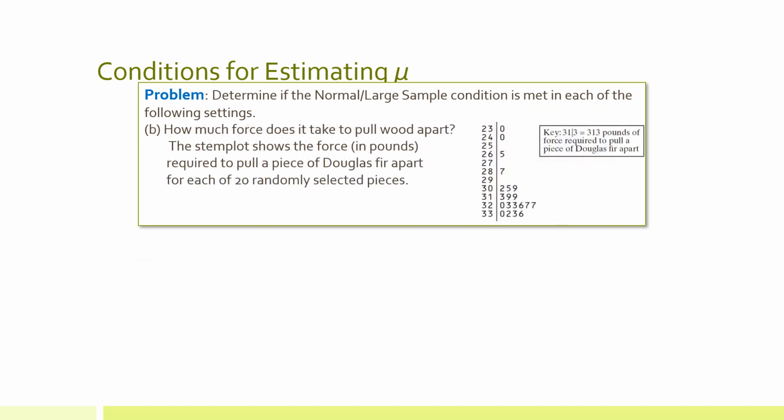Determine if the normal or large sample size condition is met in each of the following. Oh, look at that stem and leaf plot. We haven't seen those in a while. So B, how much force does it take to pull wood apart? The stem plot shows the force in pounds required to pull a piece of Douglas fir apart for each of 20 randomly selected pieces. Talking to your neighbor friend, is the normal condition met? Go ahead and pause the video to talk.